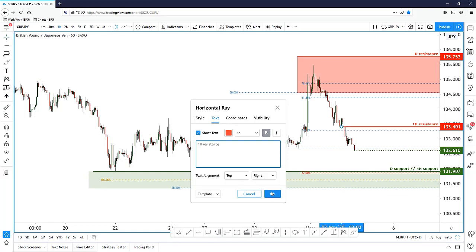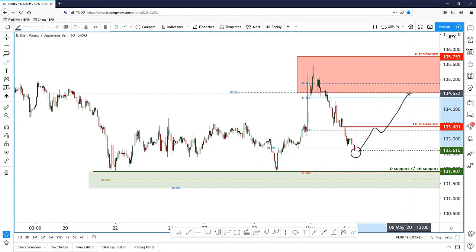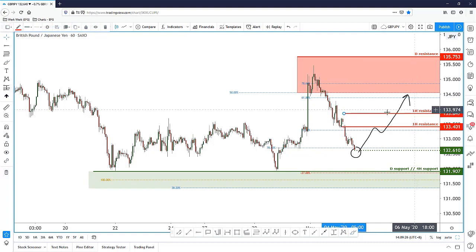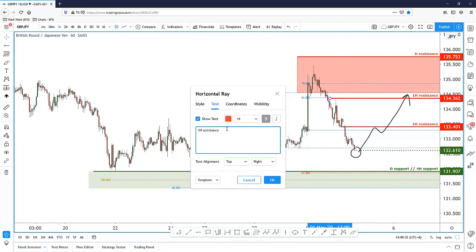Okay. So what I see price possibly doing could be that price can be testing this area and then push up to the 1-hour resistance before continuing its move up towards the 4-hour resistance level, right? Okay, so this is a nice graphical level here where price came close. Can call this the 4-hour resistance as well.